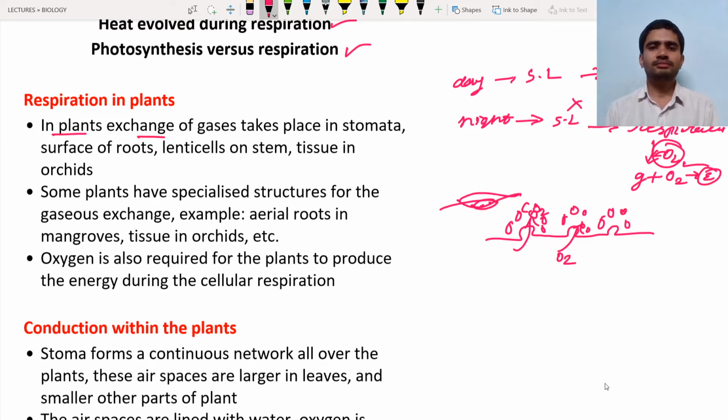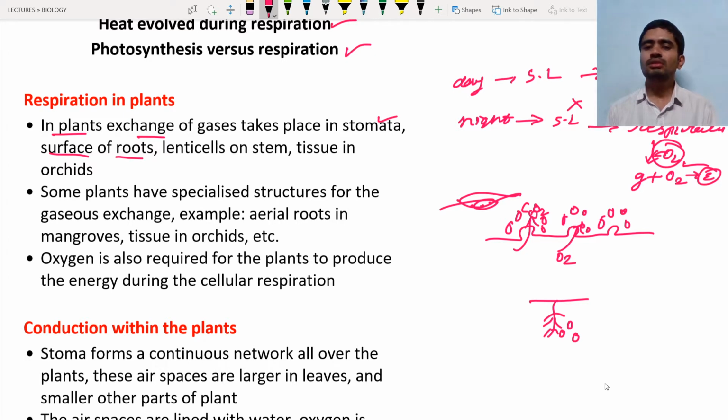Not only through the stomata, but there are other important organs in the plant, namely the surface of the roots. The roots also take in air. How? Let us consider this is the plant and these are the root system. The ground contains soil, and the soil also contains spaces, known as soil spaces or air spaces.